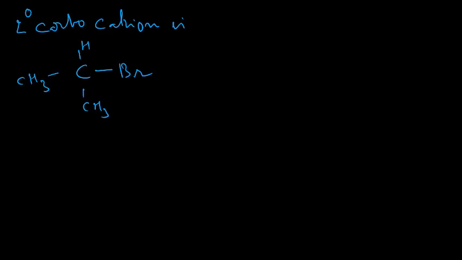Secondary alkyl halide means the carbon bearing the halogen atom is connected to two more carbon atoms. This is CH3, this is CH3. If it loses the bromine atom, we get C plus, H, CH3, CH3.